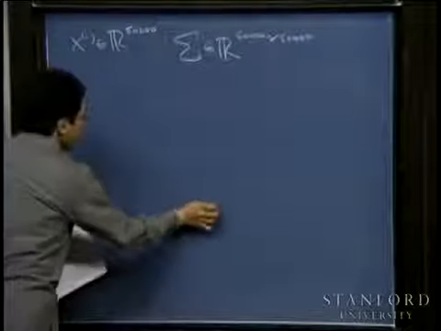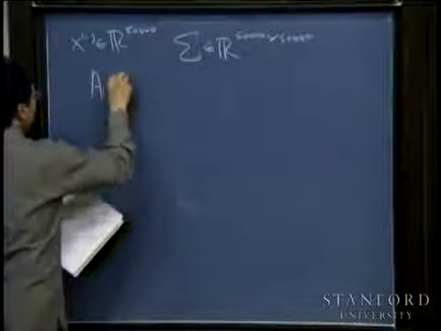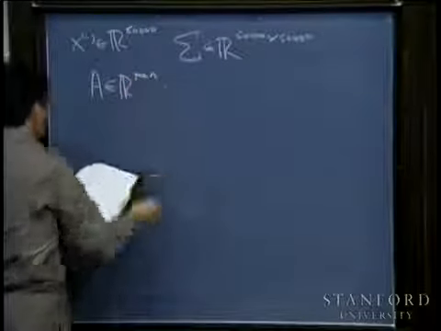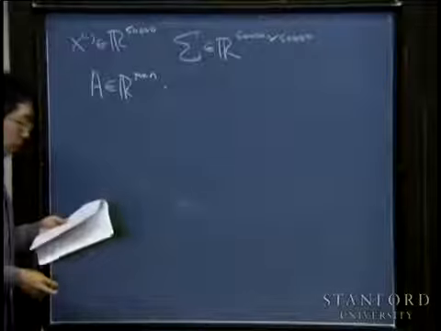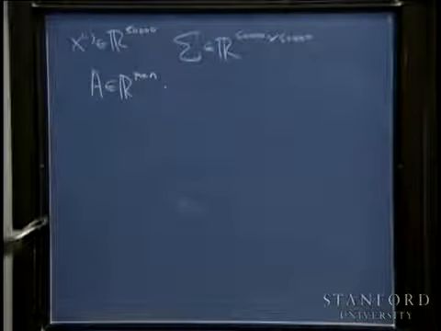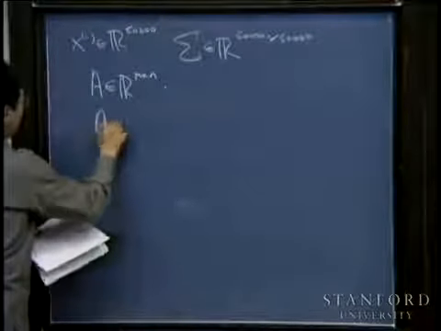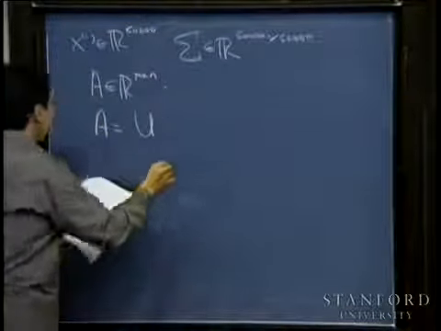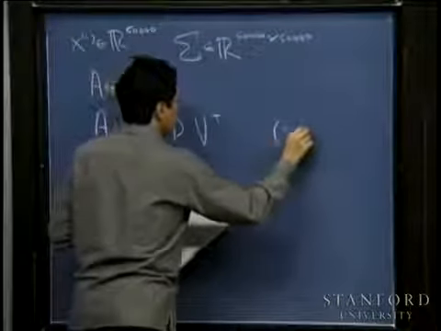So it turns out there's another way to implement PCA. If A is any m by n matrix, then one of the most remarkable results of linear algebra is that the matrix A can always be decomposed into a singular value decomposition.